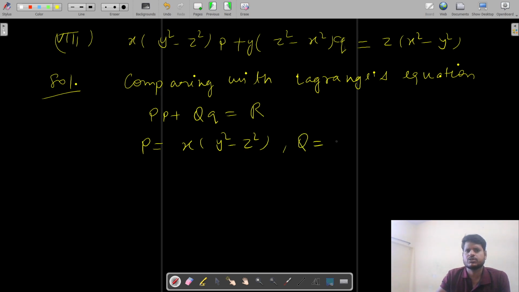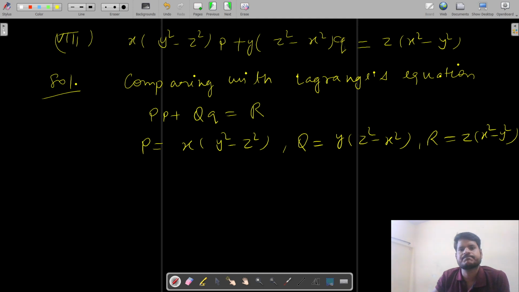And capital Q is equal to y times (z square minus x square), and capital R is equal to z times (x square minus y square), right?